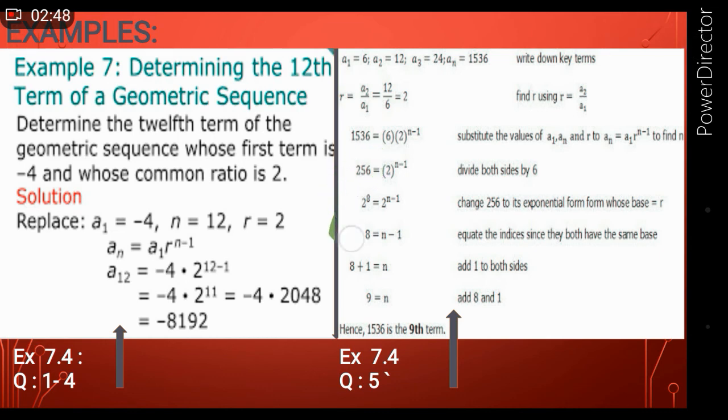When you factorize it, you will get 2 raised to power 8. Both the terms are in exponential form, bases are equal, so their powers would be equal. So 8 plus 1 is equal to n, and then you will get the value of n. Follow this method carefully, practice these questions and practice worked examples in the book. You will be able to do exercise number 7.4.